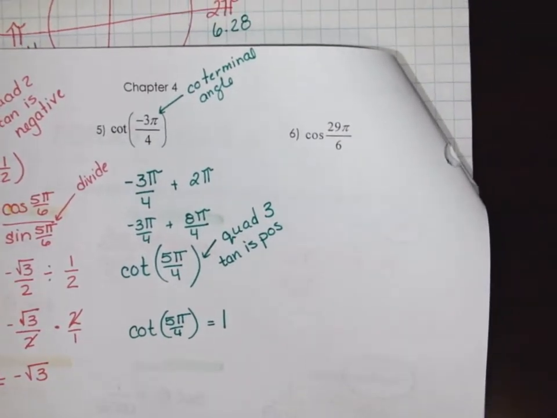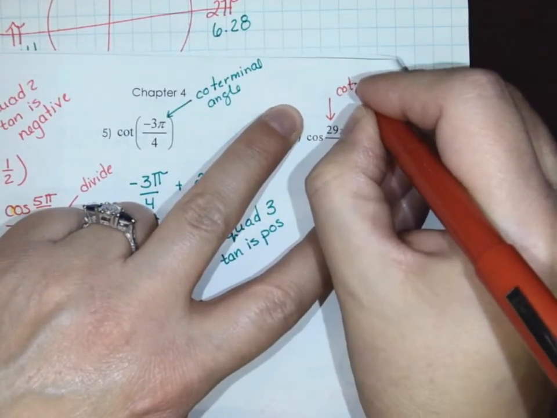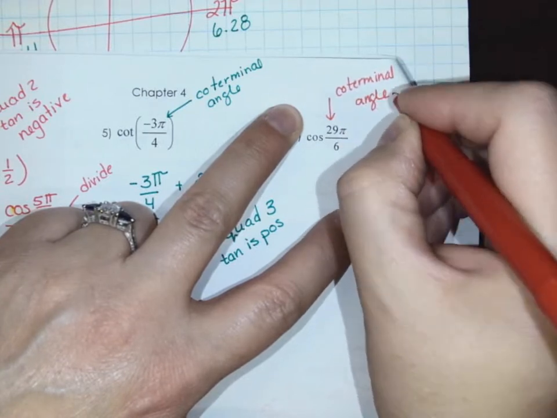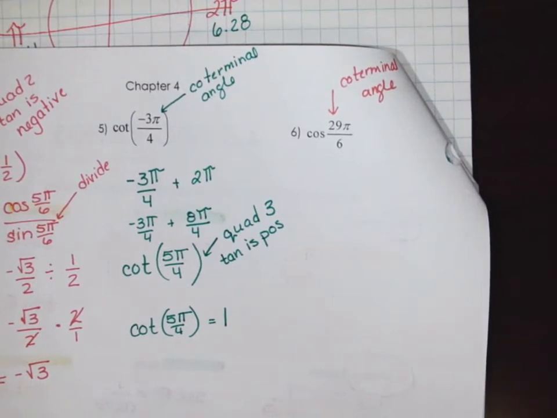Now we're going to do the cosine of 29 pi over 6. So what am I going to do here? I'm going to do a coterminal angle again. Because it's bigger than a full rotation, and a full rotation would be 12 pi over 6, right? I can't envision in my head where 29 pi over 6 is.